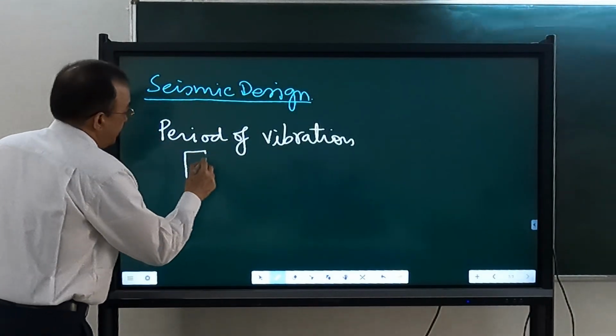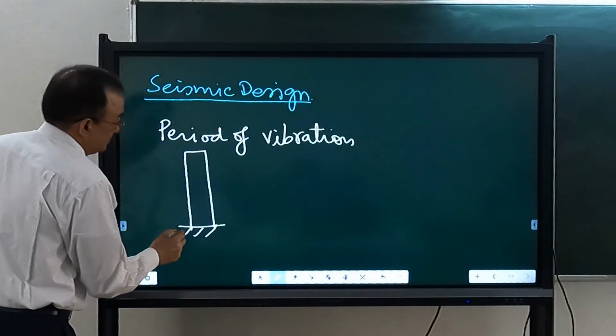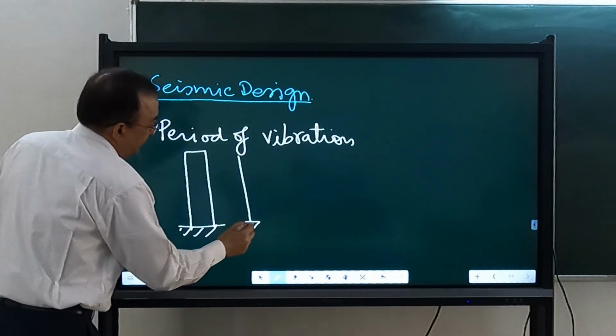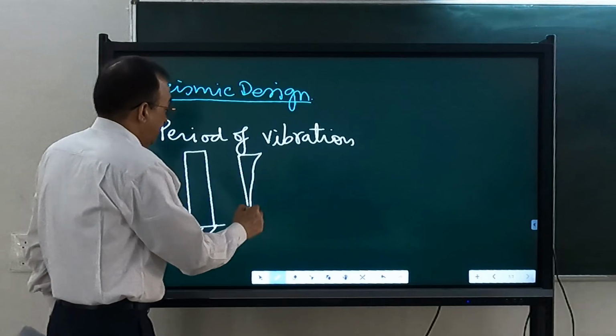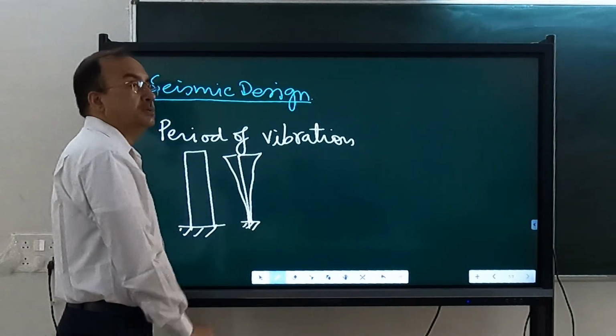So, a chimney, this may be treated as a cantilever. You know how to calculate a period of vibration?